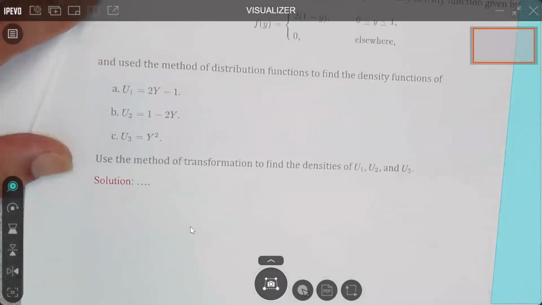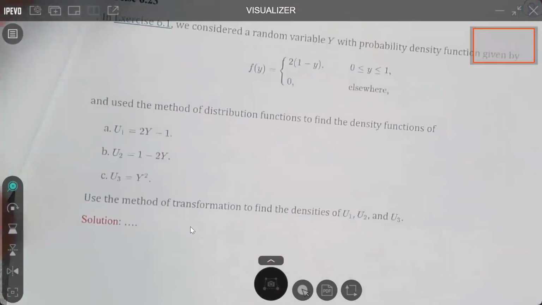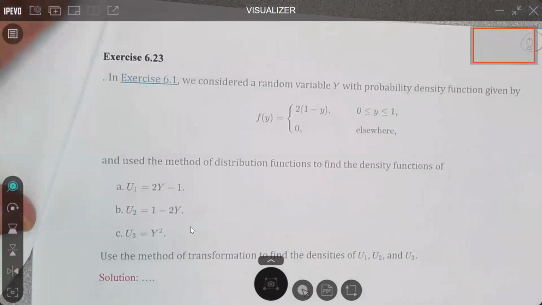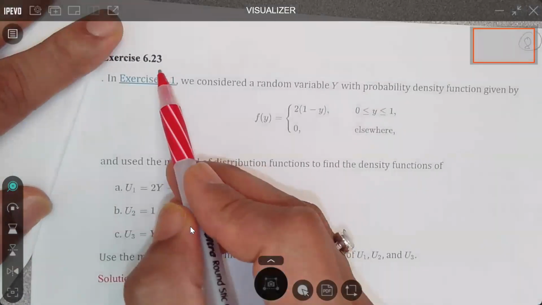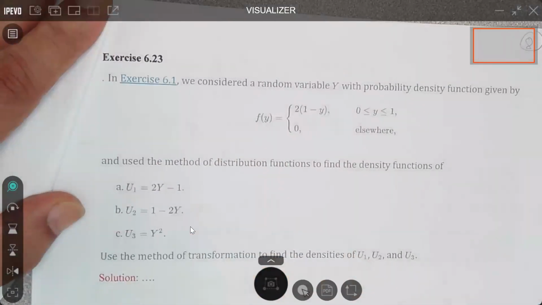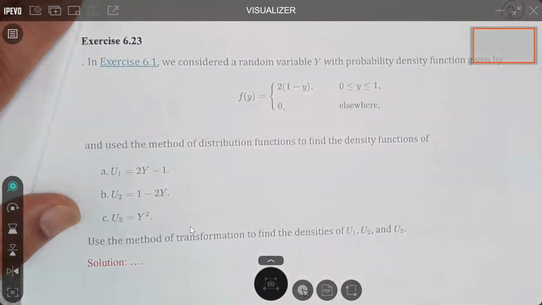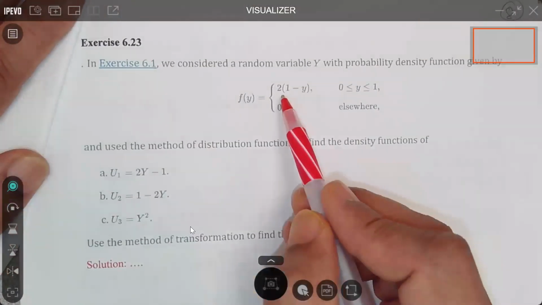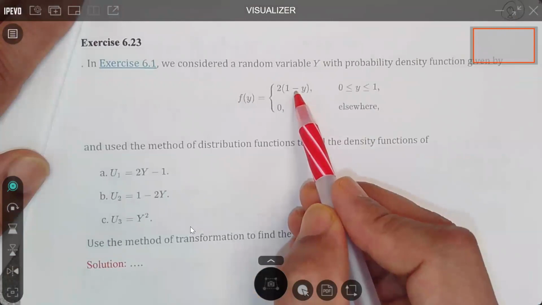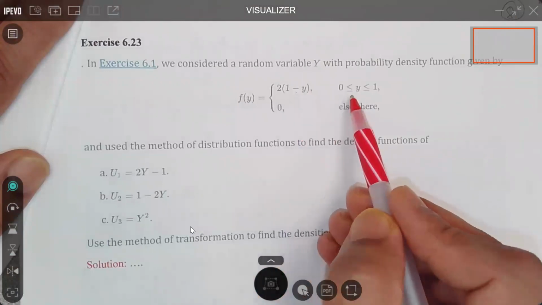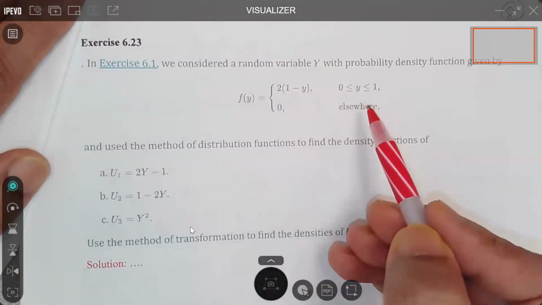Now let's do this one problem here. This is exercise 23 from the book. You have the density function with a support of 0 to 1.